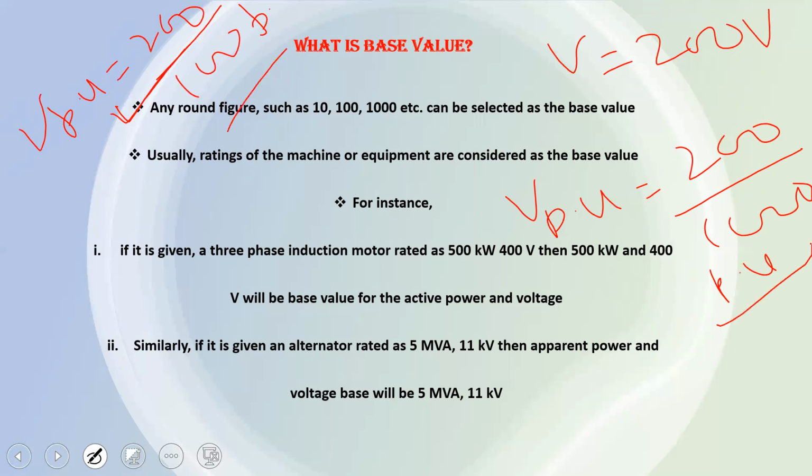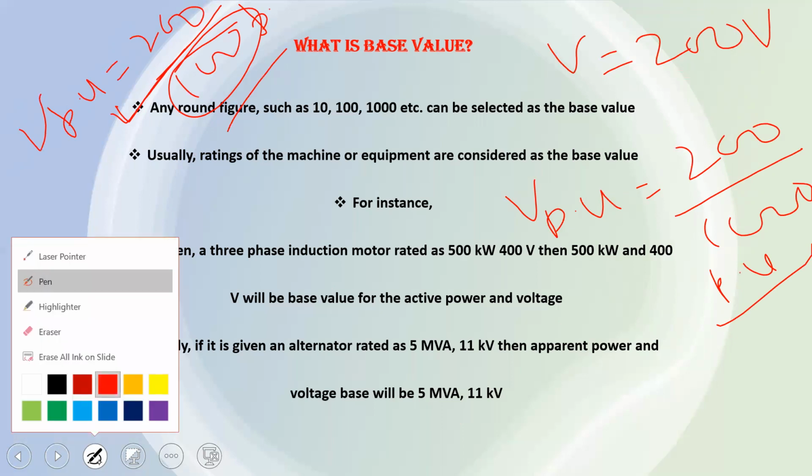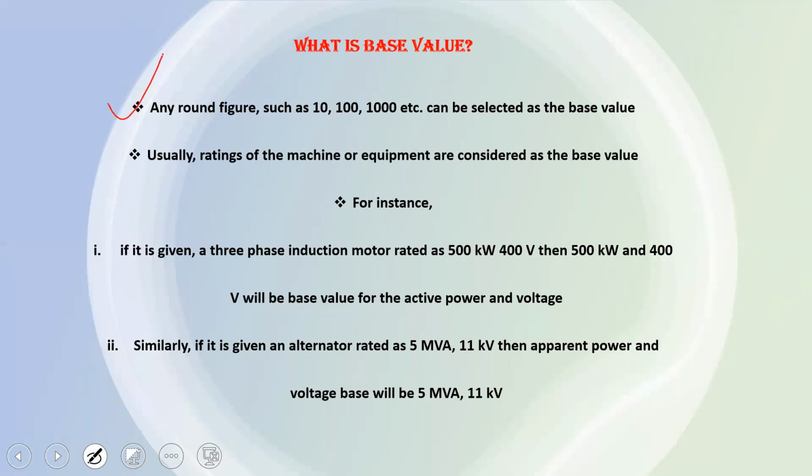This answer is correct if the base value is 100, and this answer is correct if the base value is 1000. So according to this convention, you can take any value as the base value. But normally when you solve a problem, the rating of the machine is usually taken as the base value.